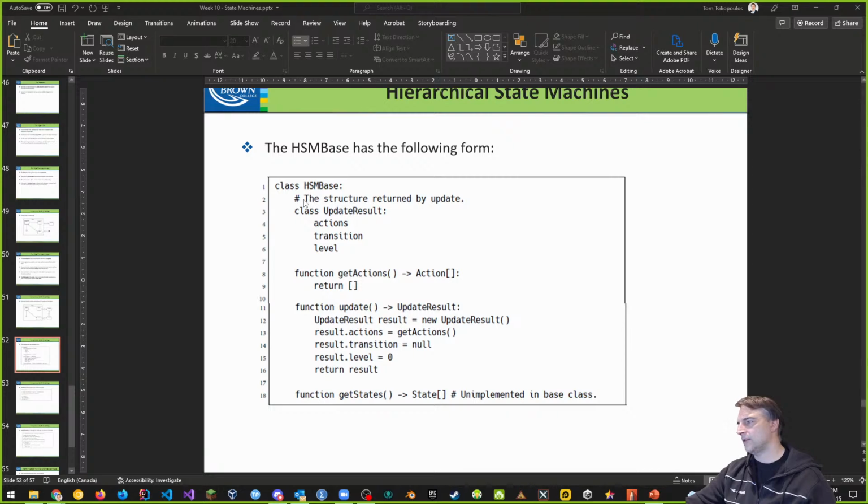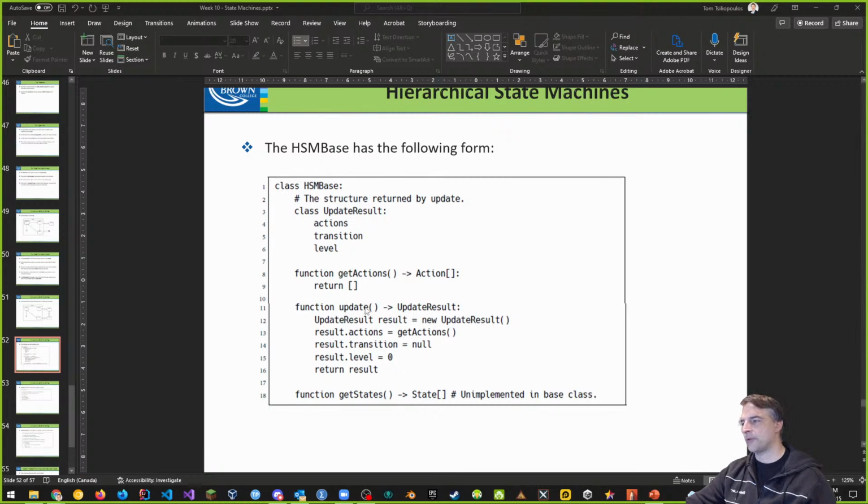A lot of times we might use a separate class as well, but notice that the inner class might have a number of different members: actions, transition, and a level, right? Whatever that is. And then the get actions method of the hierarchical state machine base class, as an example, returns an array of actions. What actions are we going to take?